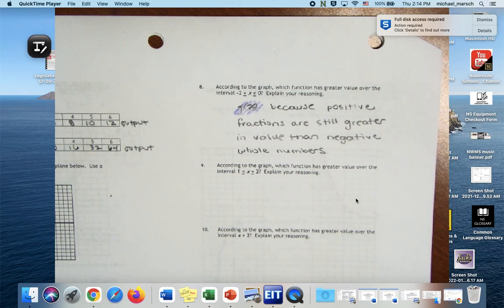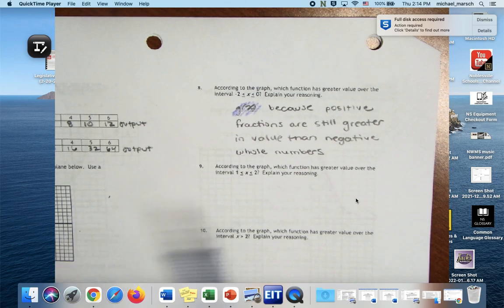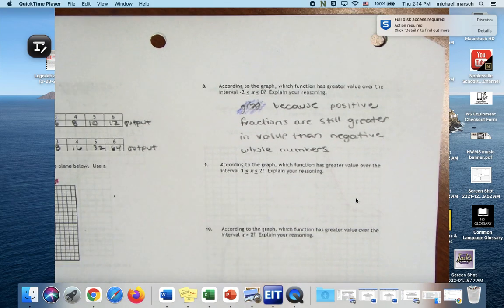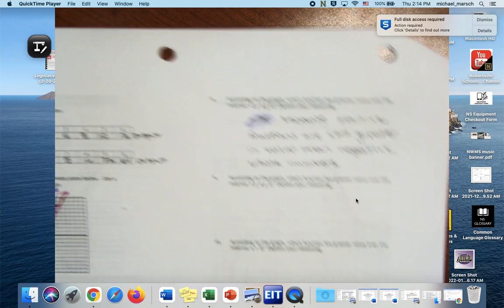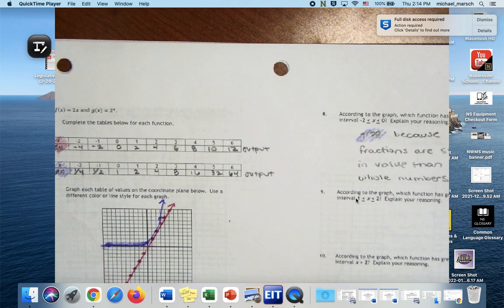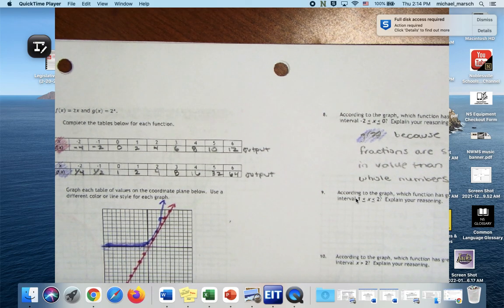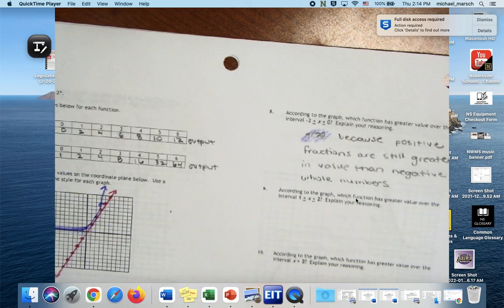Okay? Which graph has a greater value between 1 and 2? When x is between 1 and 2, which one has a greater output value? Addison? Aren't they the same? They're the same.